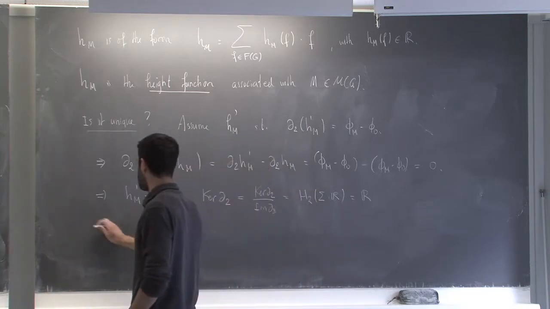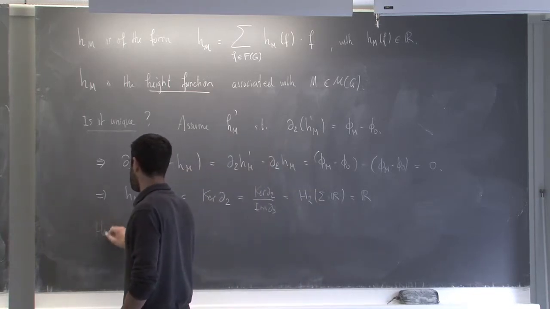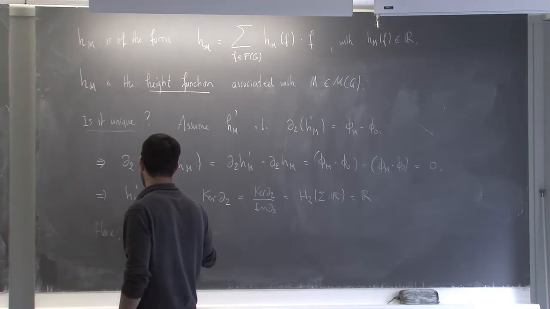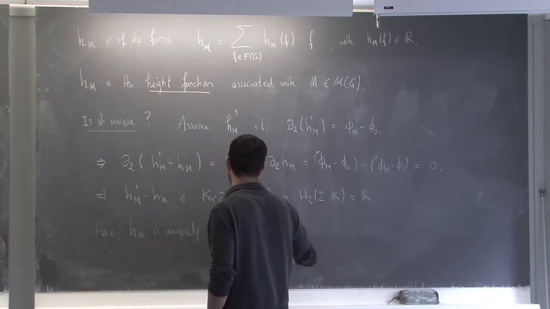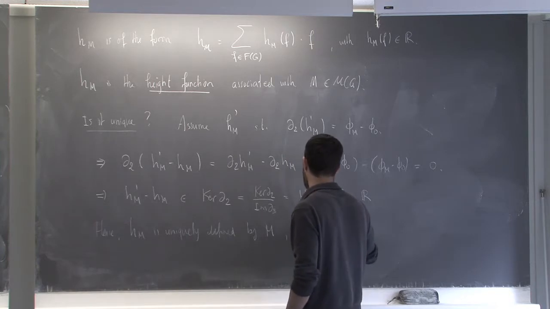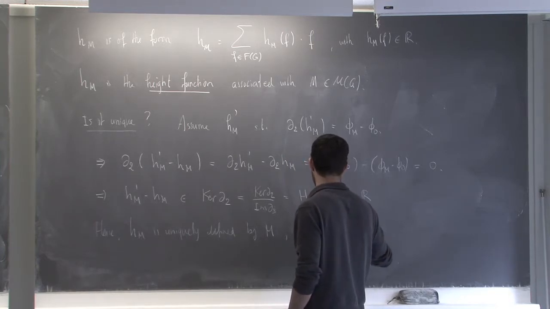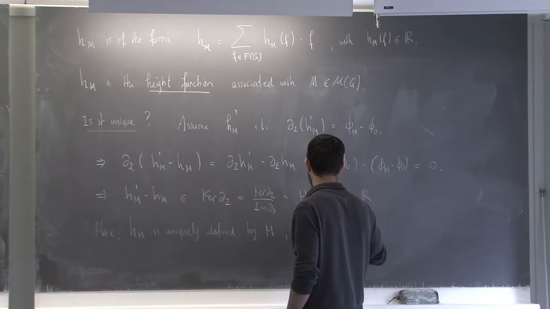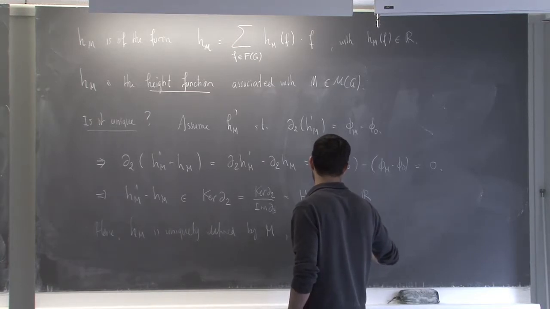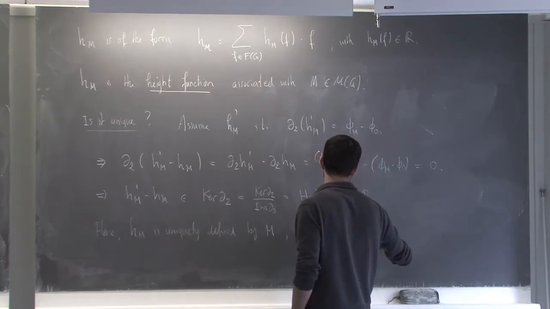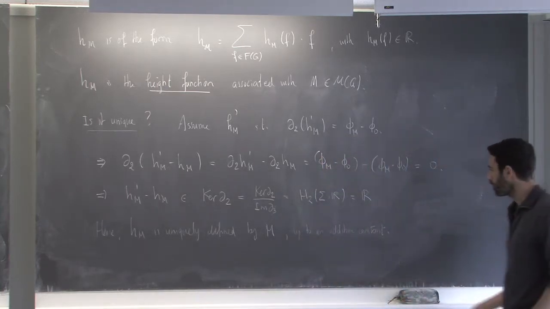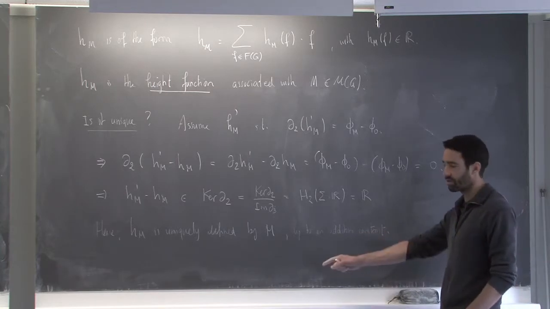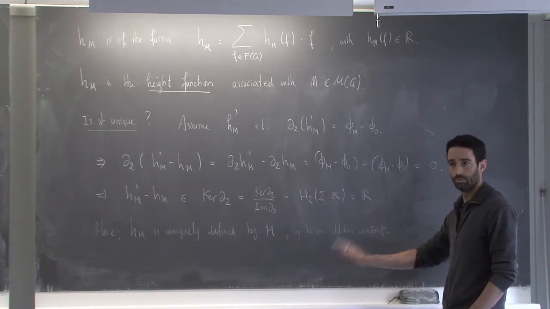Hence, hm is uniquely defined by m up to a global additive constant. So what do you do to get rid of this indeterminacy? You just say, okay, you fix the height of some face to be 0. And then we're good.